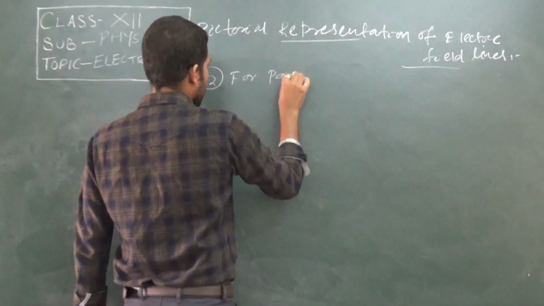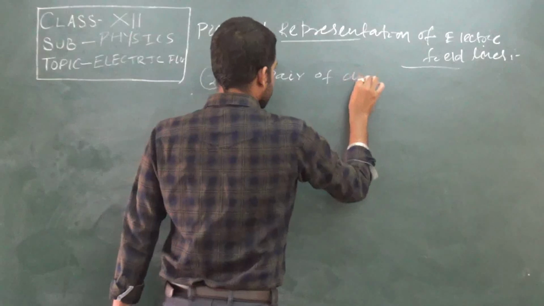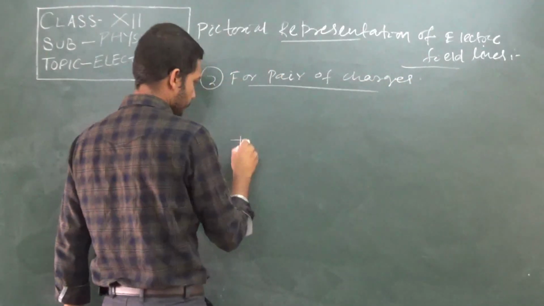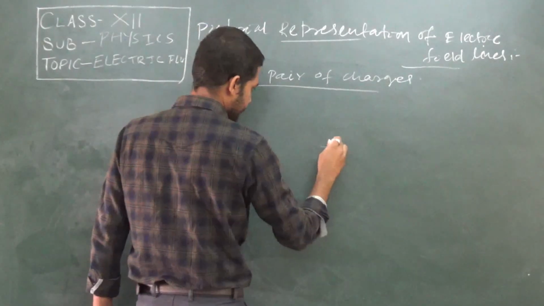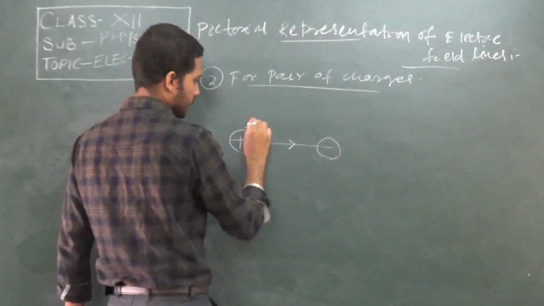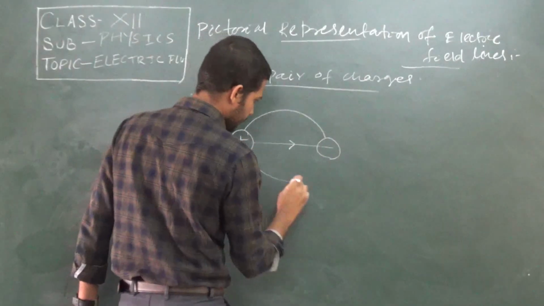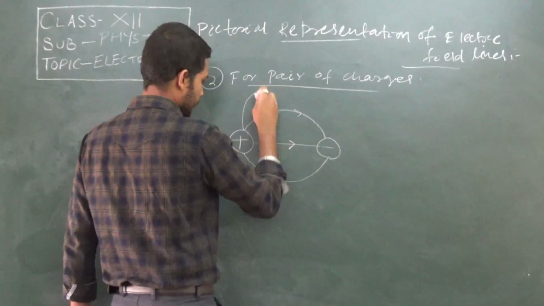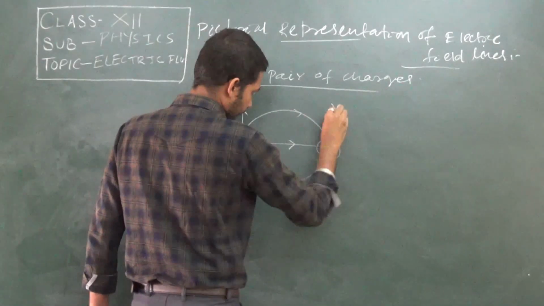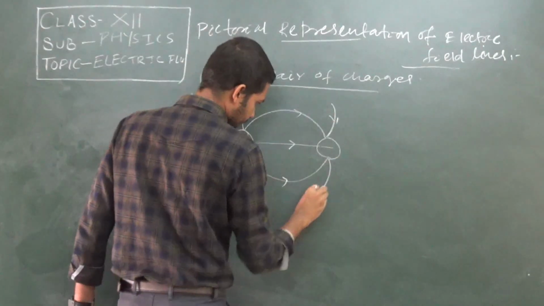for pair of charges. Let us say we are having dissimilar charges first. What will happen? It will go from plus to minus like this. It will come from plus, entering at minus.